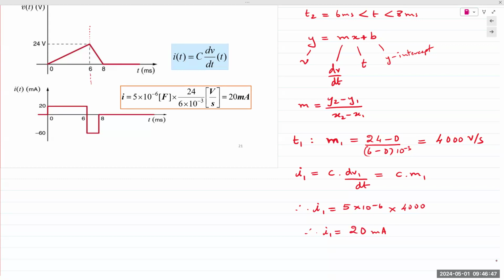And if you look at it, there is no variable t. It has a constant value. So going from 0 to 6 milliseconds, the current I has a straight line value of 20 milliamps, which, as you can see in the resulting plot.